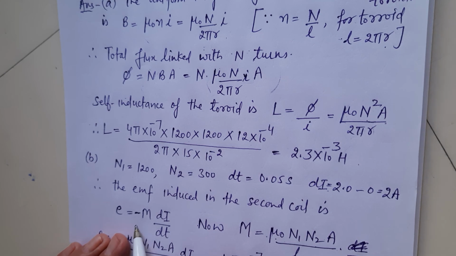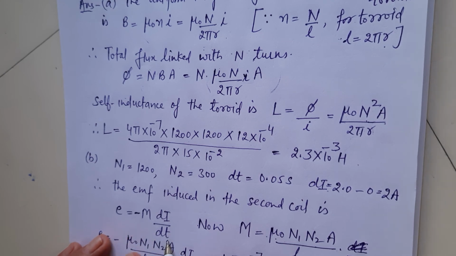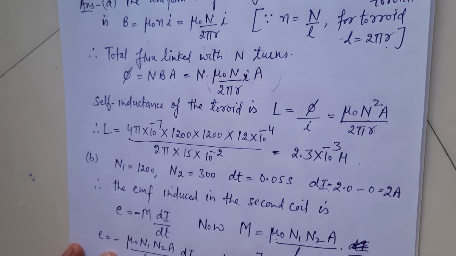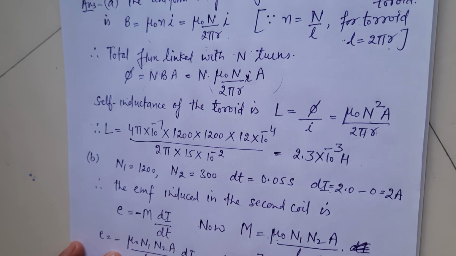This is E equal to M di by dt. M is this one. Put the value of M, mu naught N1 N2 A upon l into di by dt. So we will write l is equal to 2 pi r, where r is the radius. So write the area also.